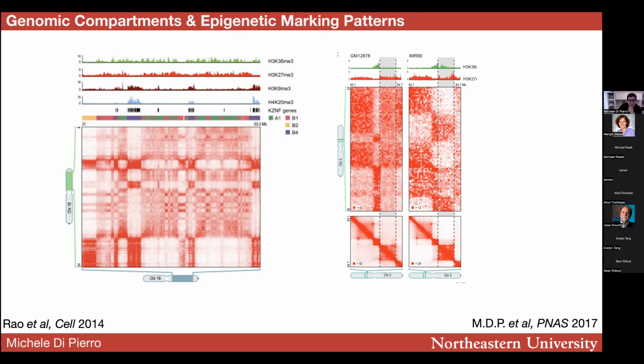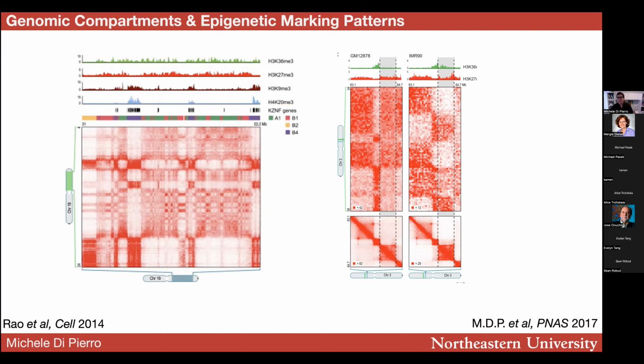And this pattern correlates very well with the epigenetic information you can see here in these ChIP-seq tracks. For example, each purple bit of chromatin happens to have this H4K20 trimethylation enhanced with respect to other chromatin structural types.